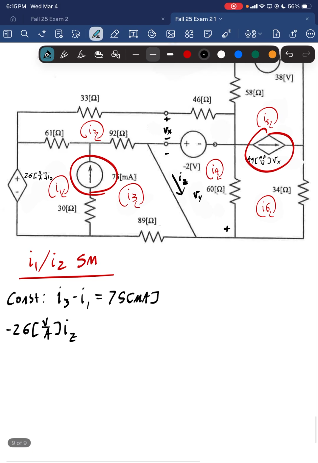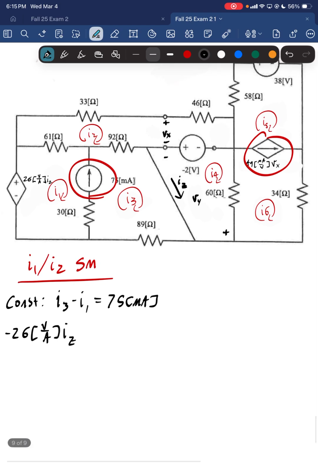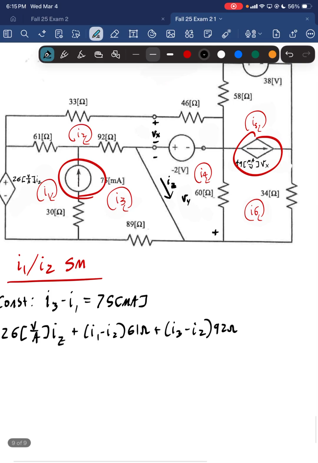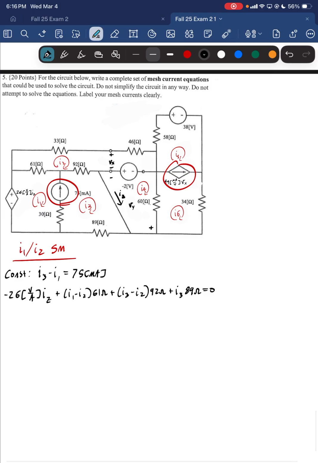So negative 26 IZ, and then plus I1 minus I2 times 61 ohms, plus I3 minus I2 times 92 ohms, plus I3 times 89 ohms, equals 0.